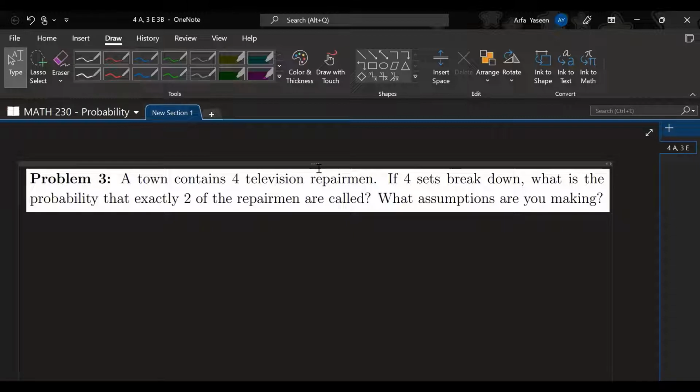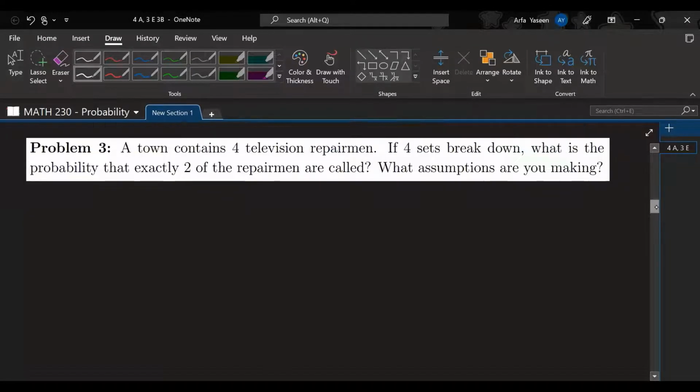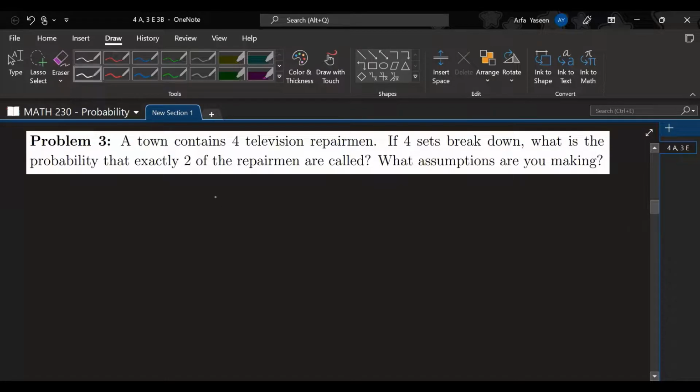There are 2 levels to this problem. The first one would be choosing the repairman, right?